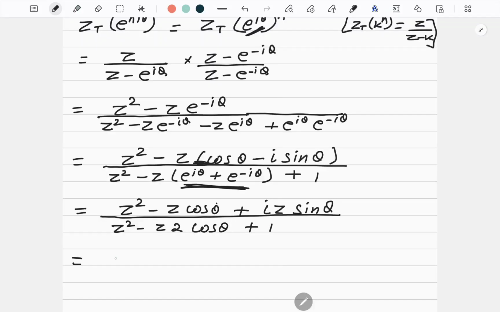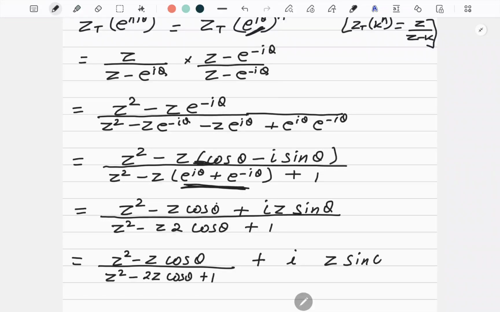Now I'll rewrite this as z square minus z cos theta upon z square minus 2z cos theta plus 1, plus i z sin theta upon z square minus 2z cos theta plus 1.